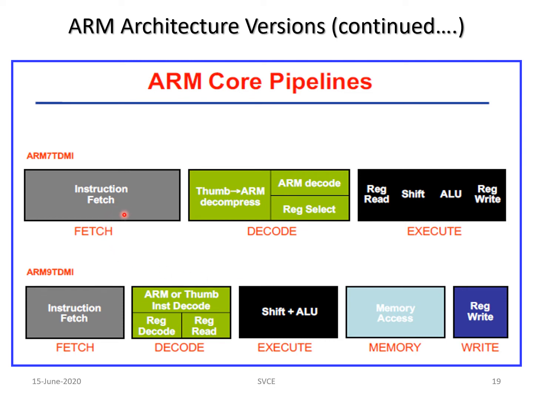So in a pipeline, each stage consumes some amount of time to complete its work. So in a 3-stage pipeline, for every clock cycle, it receives an input from the previous stage. Here the first stage is a fetch stage.